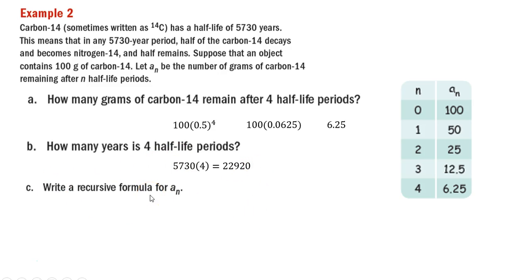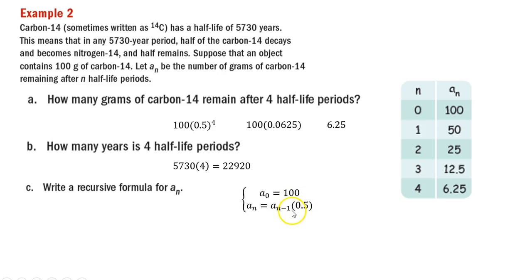A recursive formula is a formula in which we have one value and we need that value to write the next value. So we need to have the initial value. We know the initial value because we're told it is 100. So A sub 0 is 100. And then to find the next value, to find A sub n, we need A sub n minus 1, the value right before it, and we're just going to multiply by half.